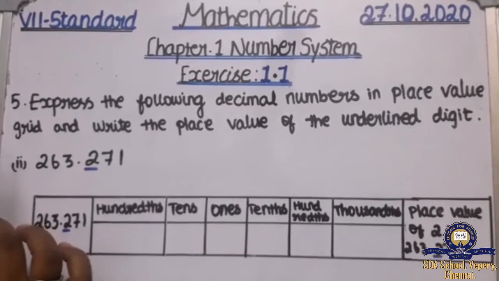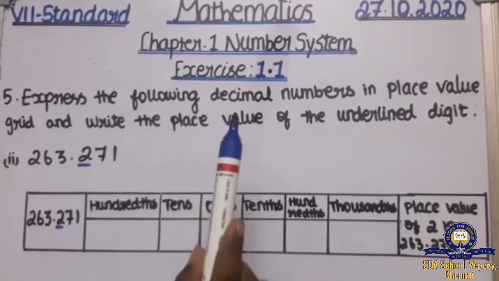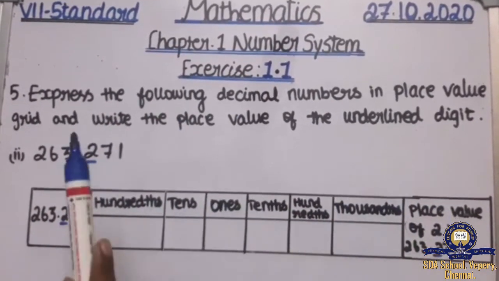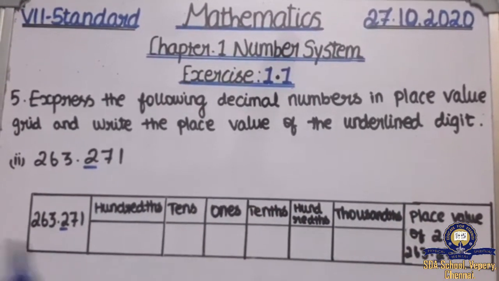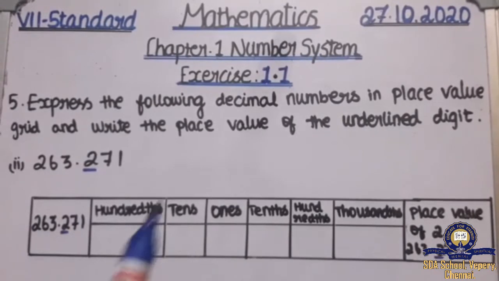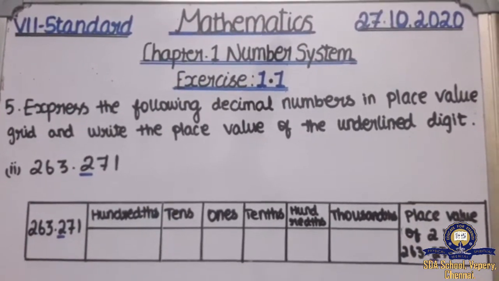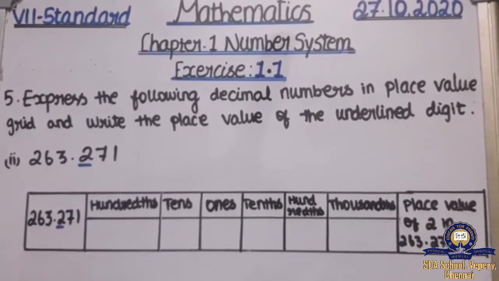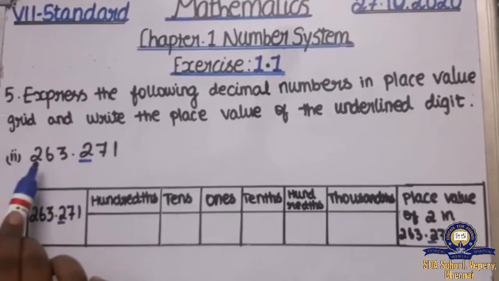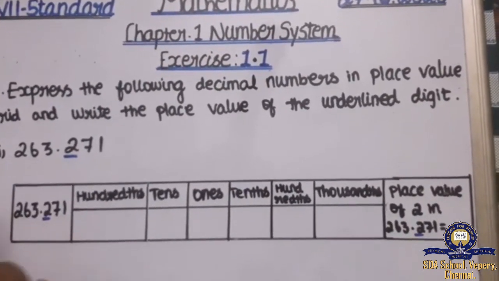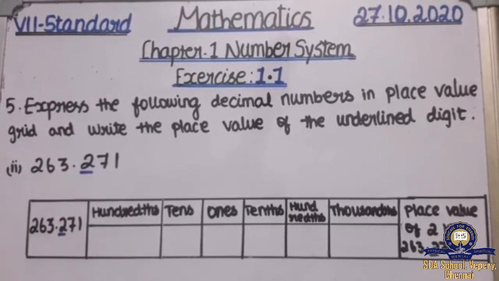The fifth problem given is express the following decimal numbers in place value grid and write the place value of the underlined digit. So here we need to express the following decimal numbers with the place values. So we know already that in 263, 3 is in the ones place, 6 is in the tens place and 2 is in the hundreds place.